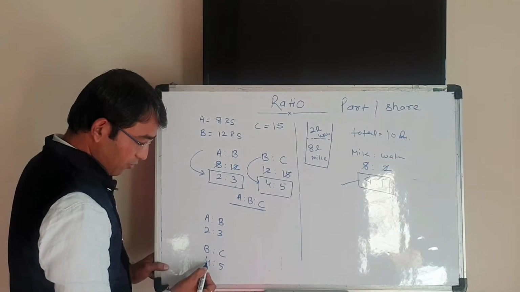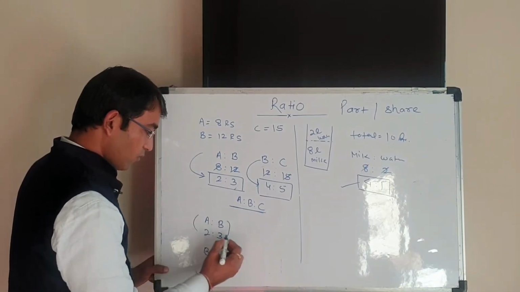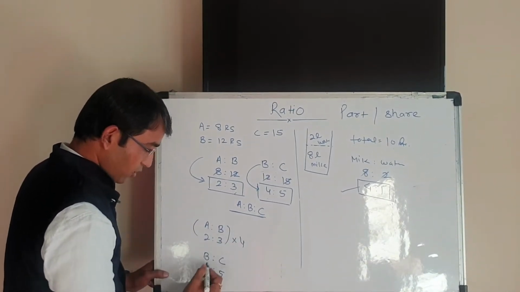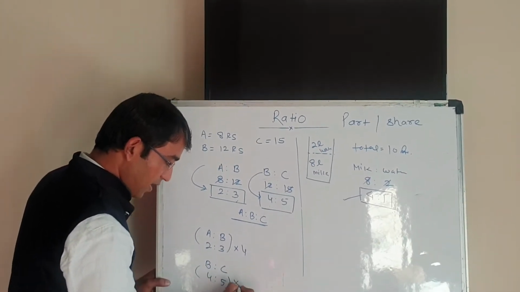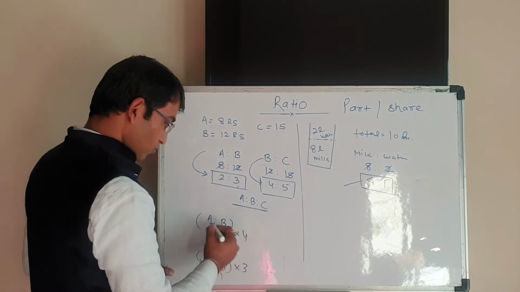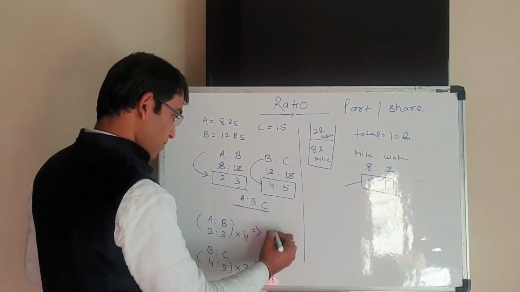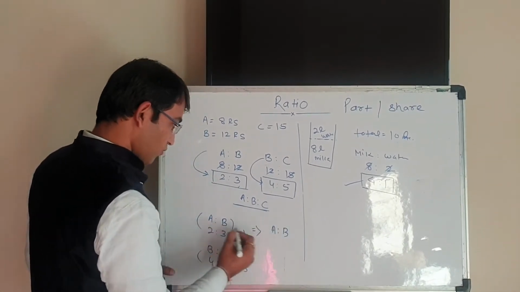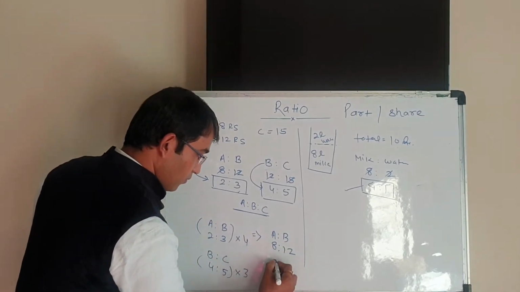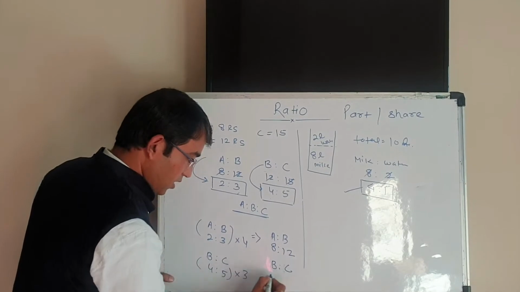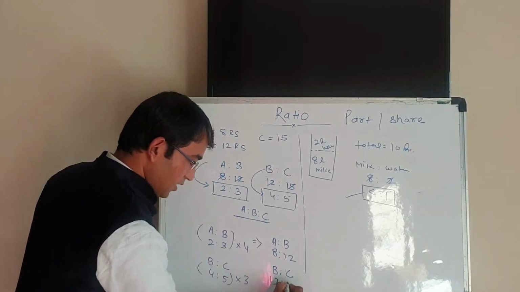Here the value of B is 4, so we have to multiply by 4 here, and here the value of B is 3, so we have to multiply by 3. So this will become A ratio B is 4 into 2, 8, and this is 12. And B ratio C, so B is 12 and C is 15.